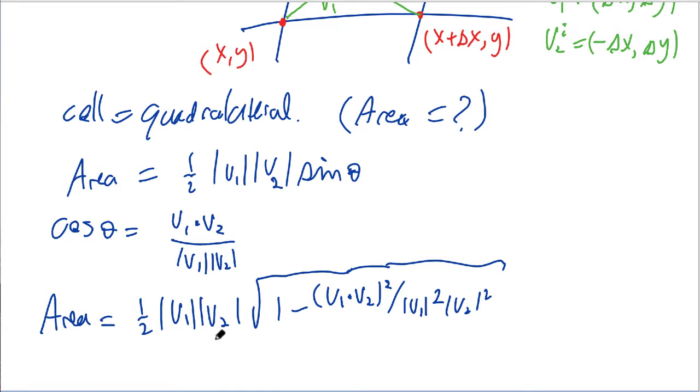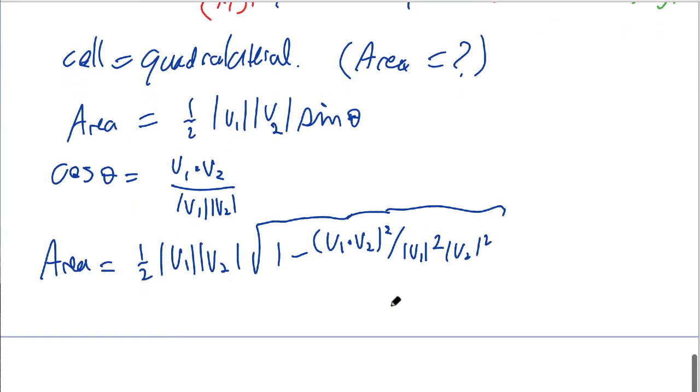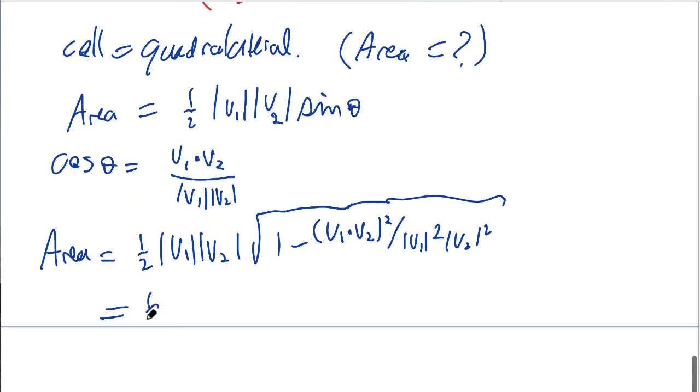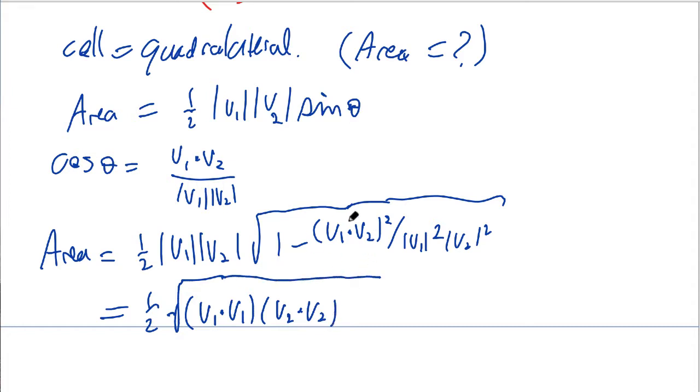Bringing these factors under the square root, we have 1/2 square root of v1 magnitude squared, which is v1 dot v1, times v2 magnitude squared, which is the dot product of v2 with itself, minus v1 dot v2 squared.